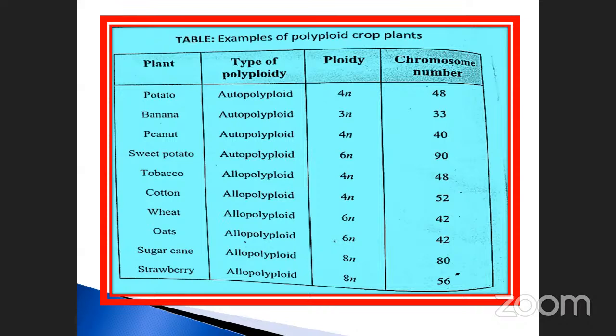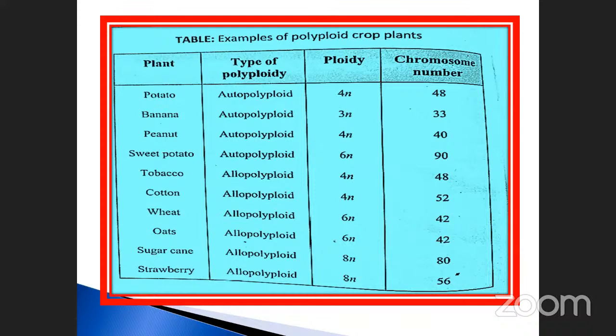Cotton 4n, 52. Wheat 6n, 42. Oats 6n, 42. Others are 4n, 6n, 8n. You have to calculate the corresponding chromosome numbers like that. These portions are asked most: potato, banana, tobacco, cotton, wheat and sugar cane. Sometimes strawberry is rarely asked. You have to practice it.